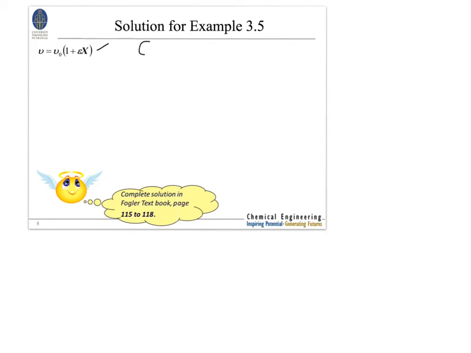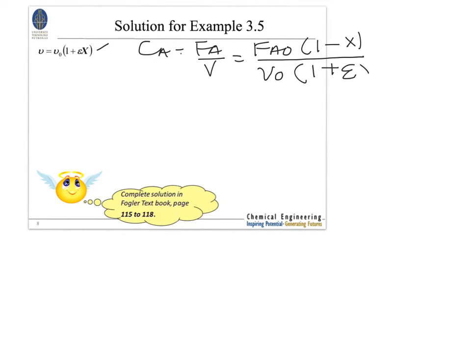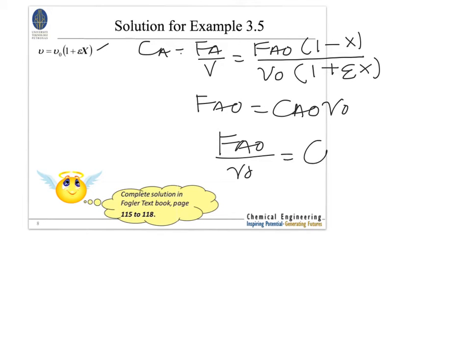And also you have CA equals FA divided by V, where FA is FA0 times 1 minus X, and V equals V0 times 1 plus epsilon X. Do you remember that FA0 equals CA0 V0, so FA0 divided by V0 is actually CA0.